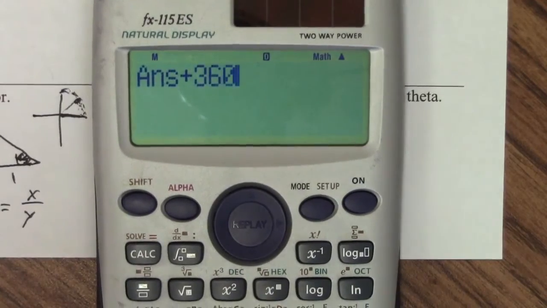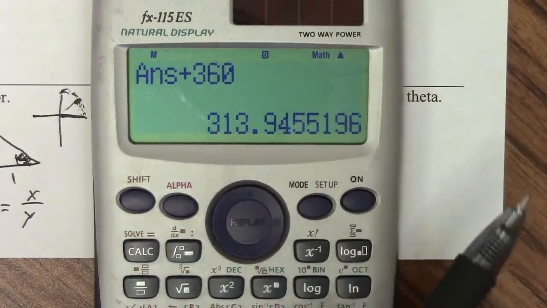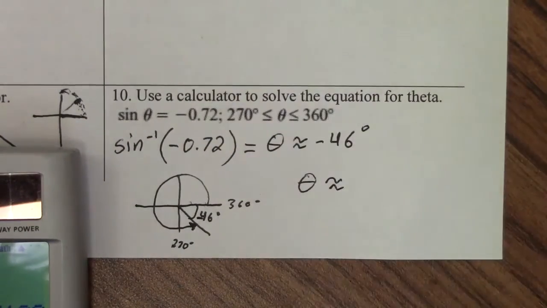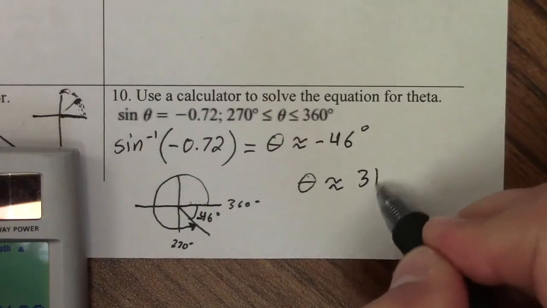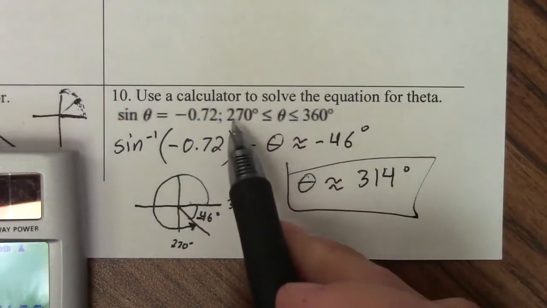Actually, we can just add 360 to what we had there. So we get, there's our exact answer. So it turns out theta is about 314 degrees, which notice this is between the 270 and the 360.